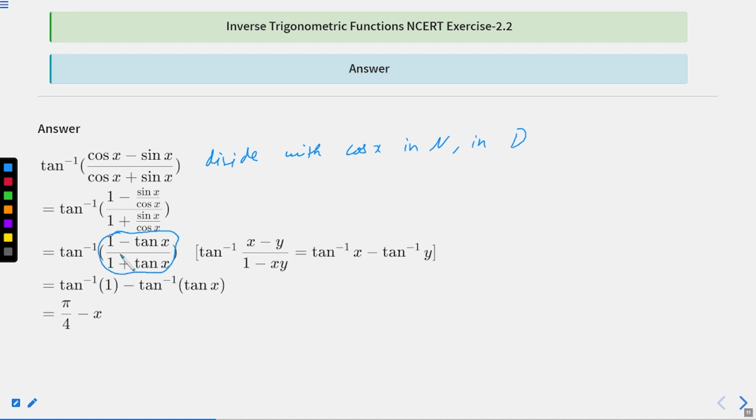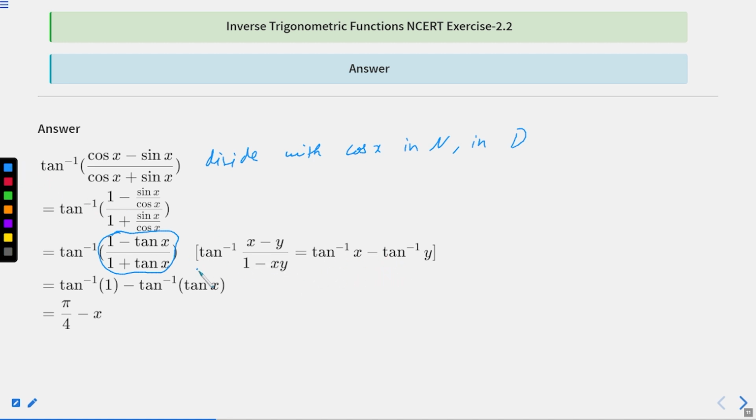So what we know is that tan inverse of (x minus y) over (1 minus xy) is equal to tan inverse x minus tan inverse y. Okay, so tan inverse x minus tan inverse y.